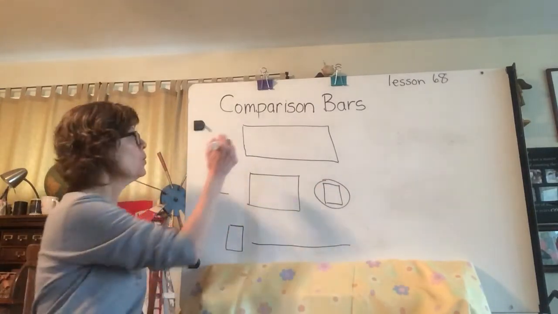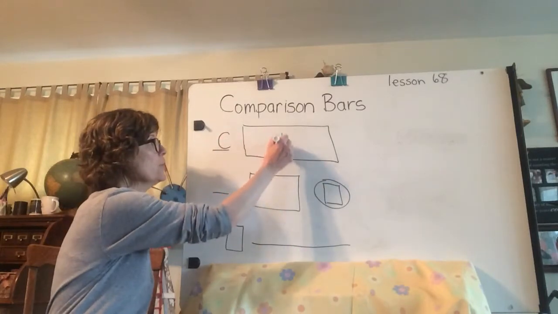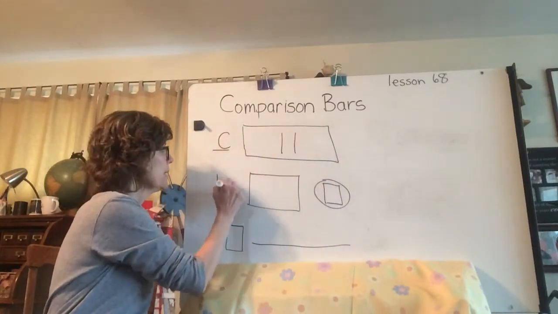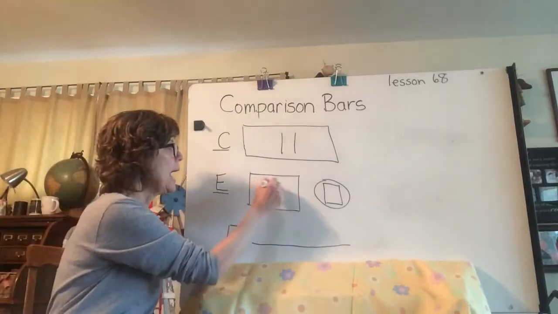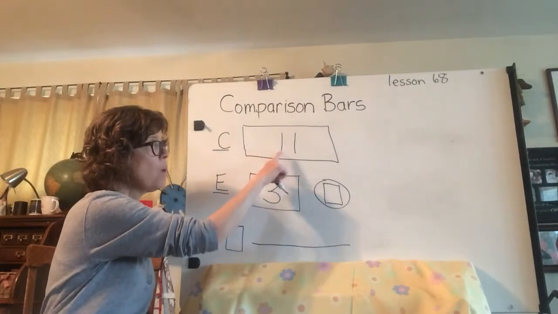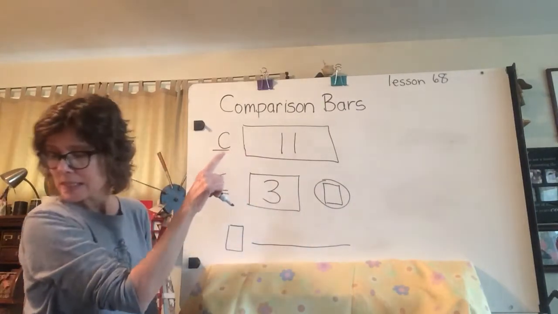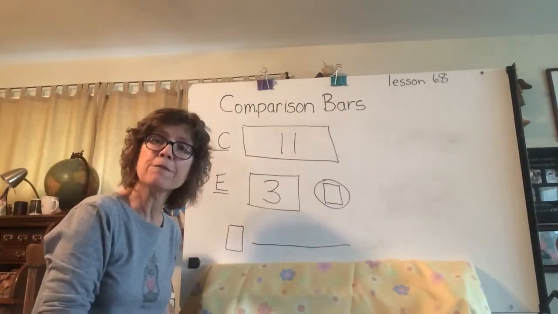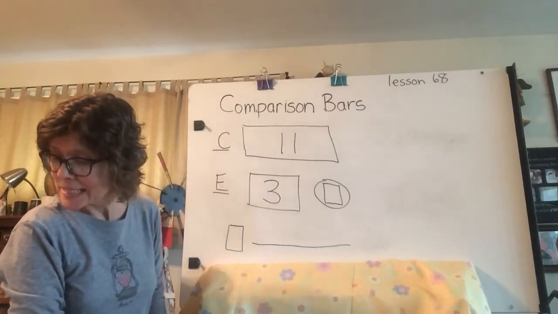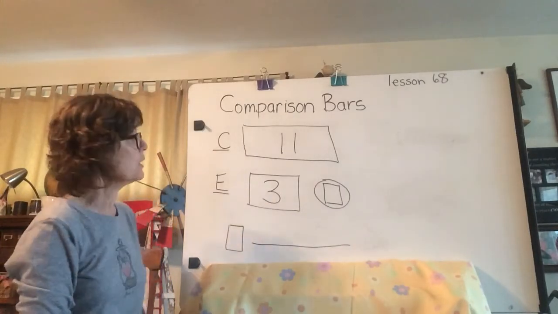Now let's see, Corey, there's our C for Corey, had 11. Eva had 3. How many fewer kittens does Eva have than Corey?